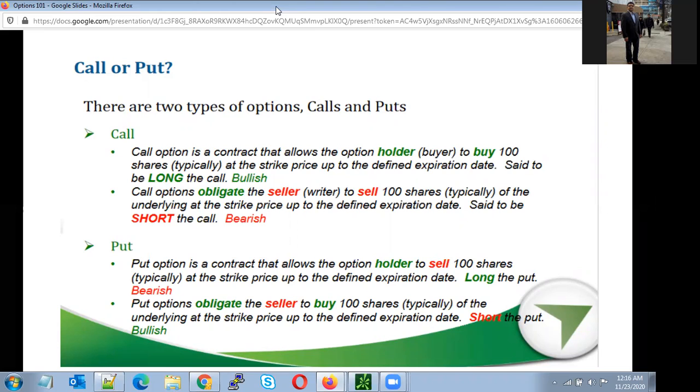When I buy the put, what I am trying to do is this: if I have 100 shares of stock, and I bought 100 shares of Apple at $115, but tomorrow the value goes down and it becomes 95 or 85. Now I have a put.